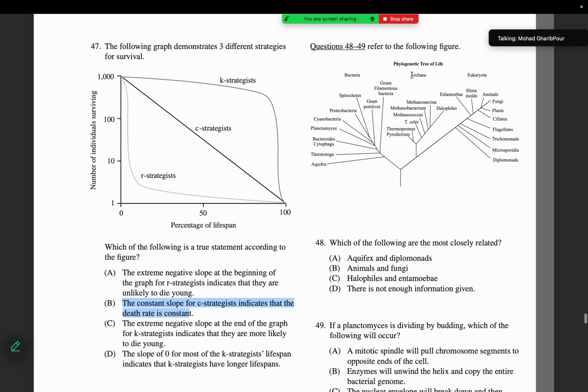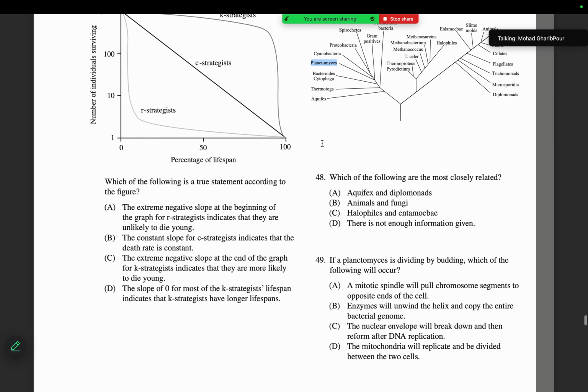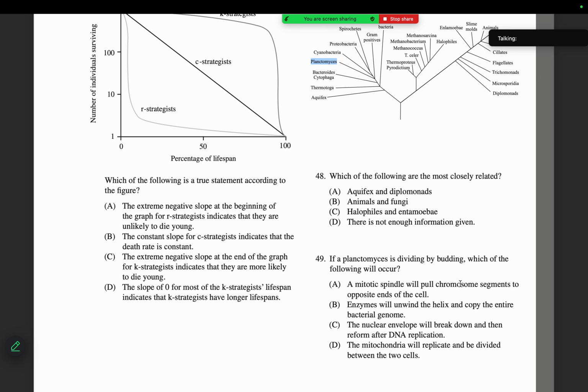Are these all... was it a bacterium? Let me find this guy. Okay, it's right here. It is a bacterium. And yeah, it does do that. There's no mitotic spindle in bacteria, so A is wrong.